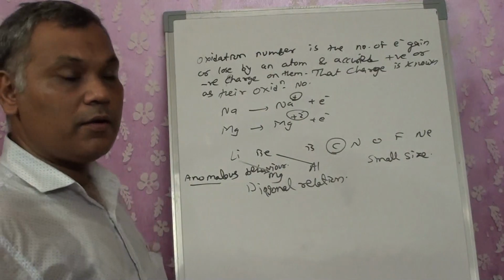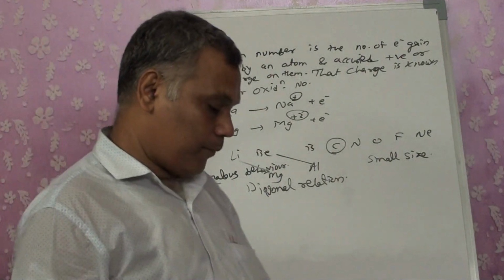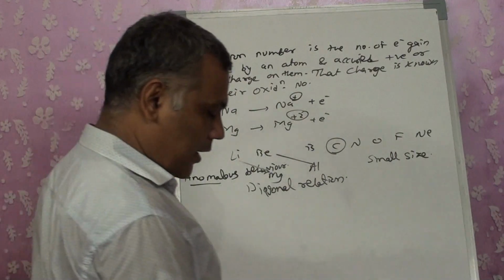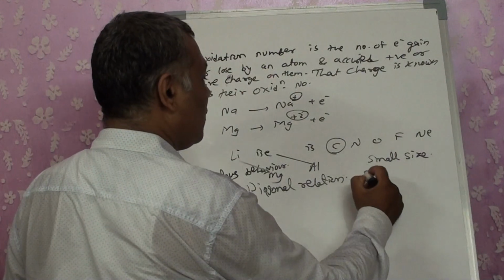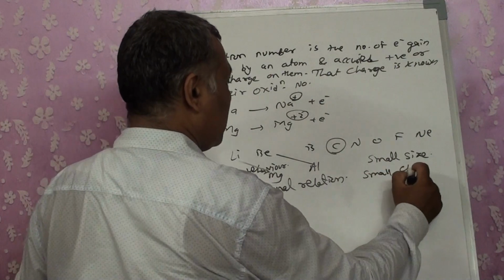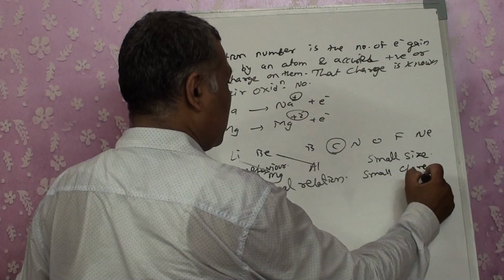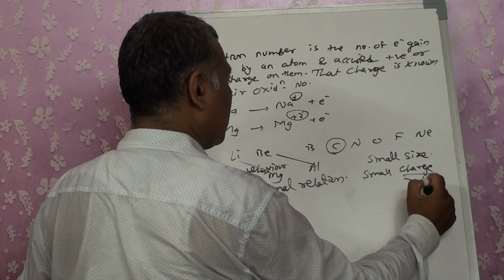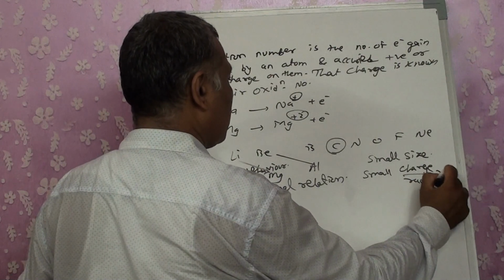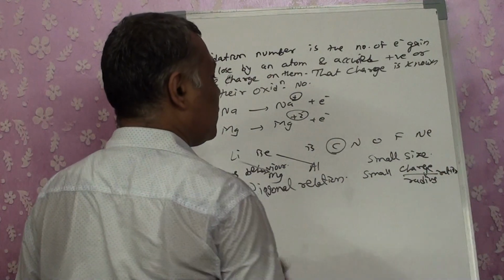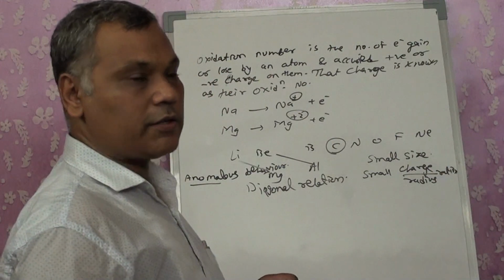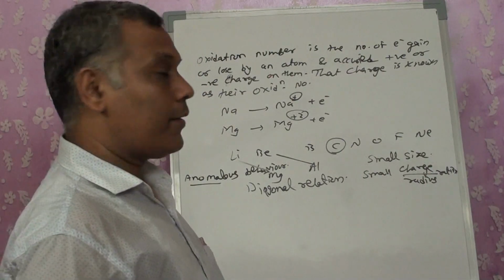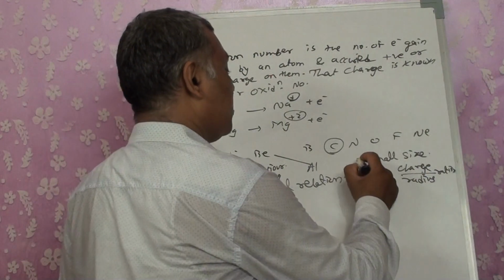The second factor that is responsible for it is they are having a small charge by radius ratio. The ratio of charge by radius is small. Right? So that is the second reason.